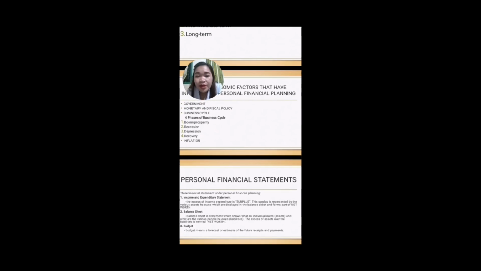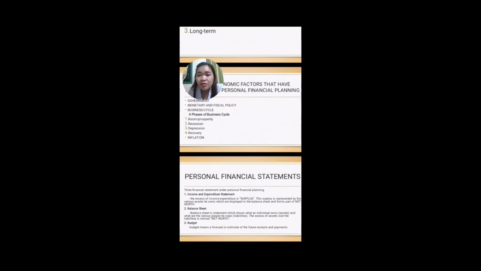When the demand starts rising, production increases and that causes an increase in the investment. So, recovery. No, nag-recovery na siya, gikan siya ni-decrease. Recovery. No, ni-increase na sad siya. Hinay-hinay, recovery. Okay.